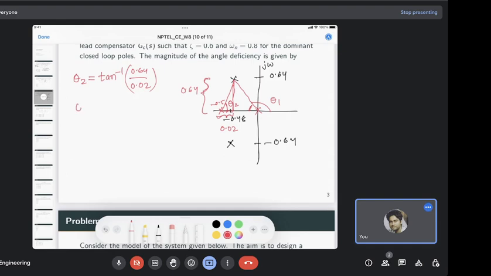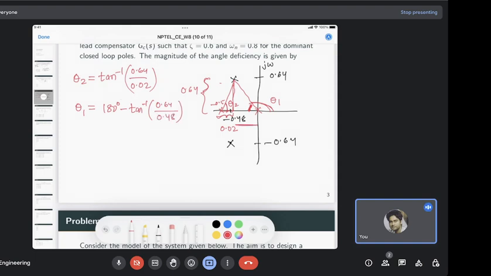And theta 1 will be 180 degree minus tan inverse, where this height is again 0.64 and this base is 0.48.